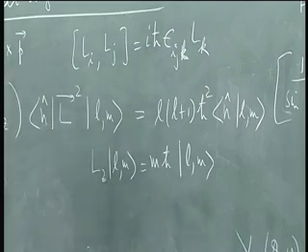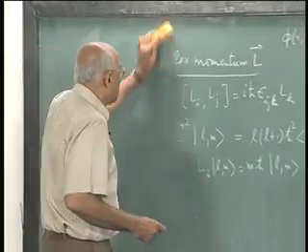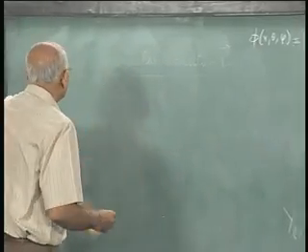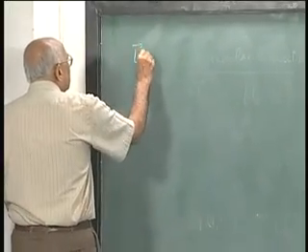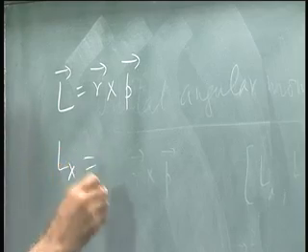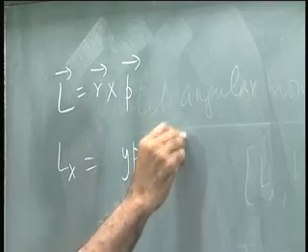Now you could ask what happens to Lx and Ly, what do they look like in spherical polar coordinates? Well, that is just an exercise in conversion from Cartesian to spherical polar coordinates. So let me write those expressions down. Remember that L is r cross p, so Lx is equal to y pz minus z py.